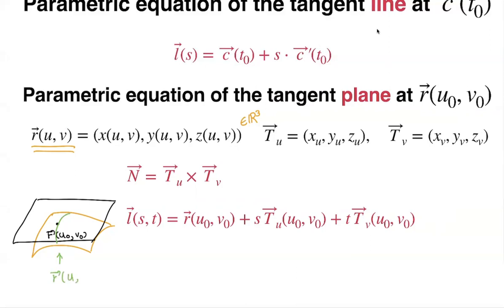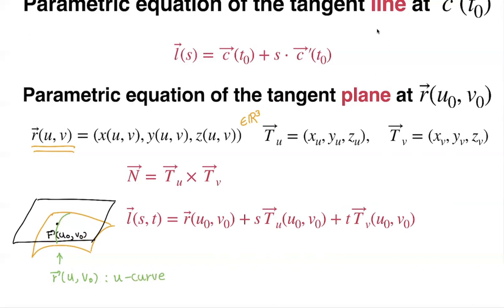Actually, this curve passes through u0 comma v0, so our v must be v0. This is fixed v0. So along this curve r of u comma v0, since v0 is fixed, our variable is just u. So it is called the u curve.